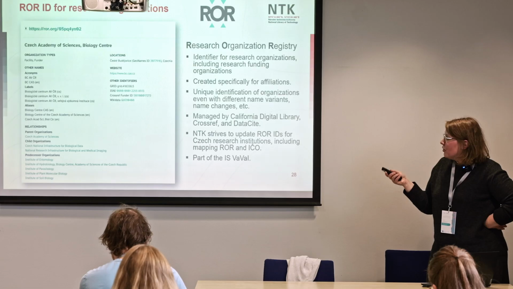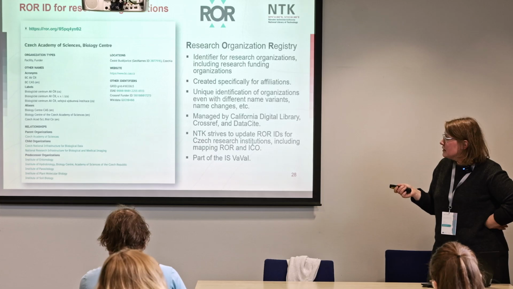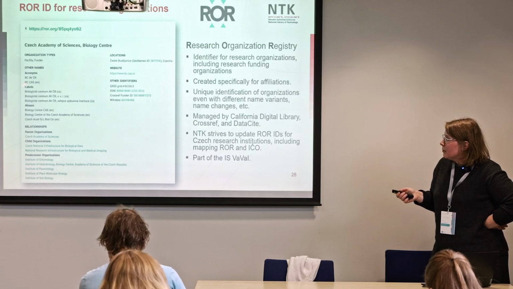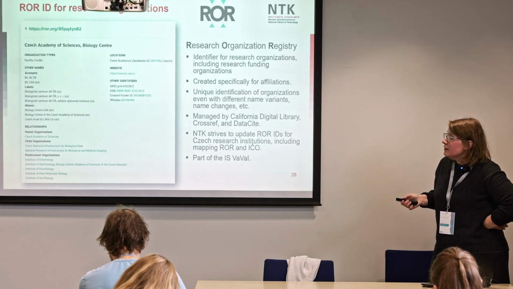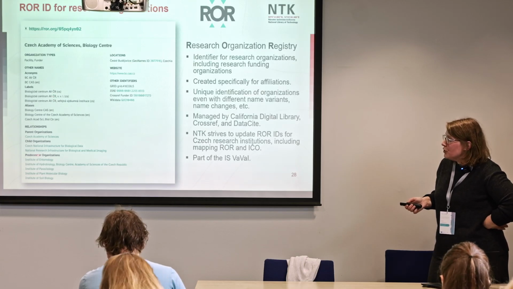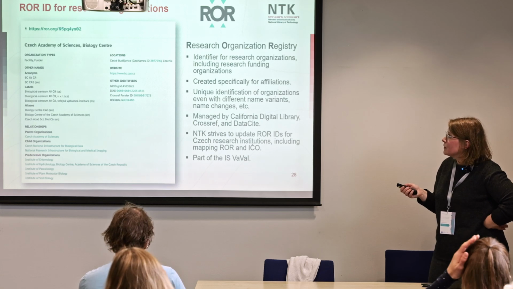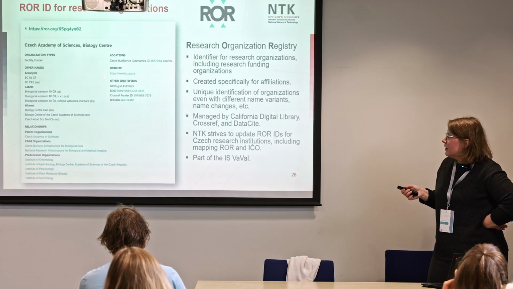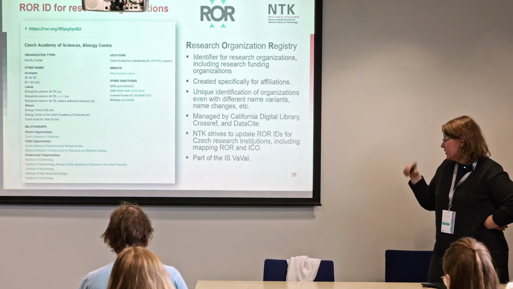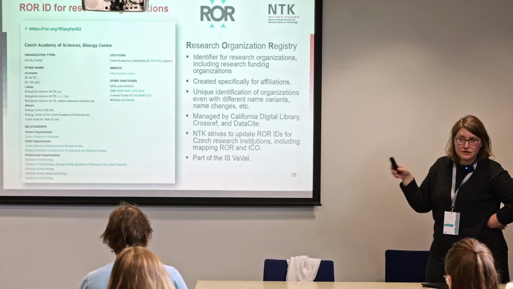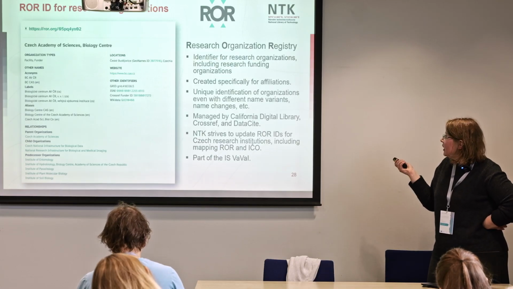Here you can see an example of a ROR of the Biology Center of the Czech Academy of Sciences. You see that there are some acronyms, different variant names, and it also shows you relationships. There are some predecessor organizations, child organizations, parent organizations, other identifiers, website, etc. It is actually managed by California Digital Library, but also Crossref and DataCite, which are the two DOI registration agencies that I mentioned.